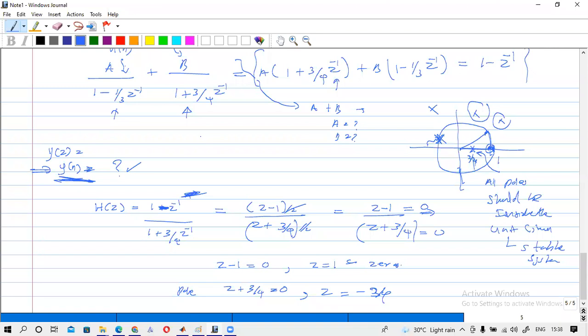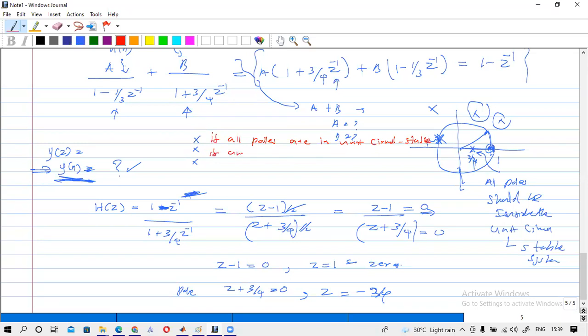Using the pole and zero plot, we can evaluate whether a system is stable or not. If all poles are inside the unit circle, the system is stable.